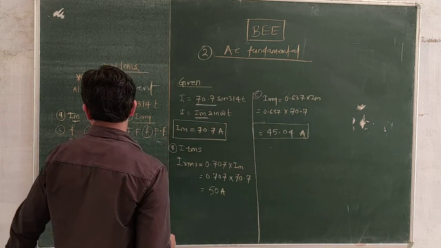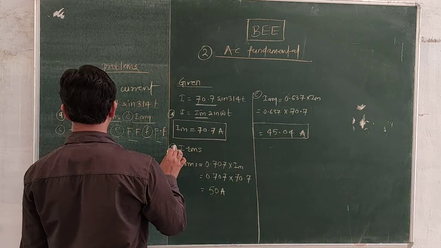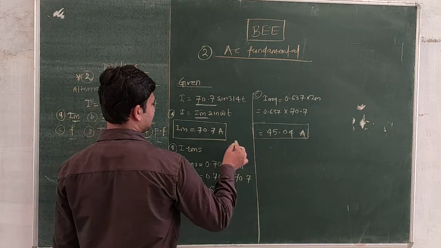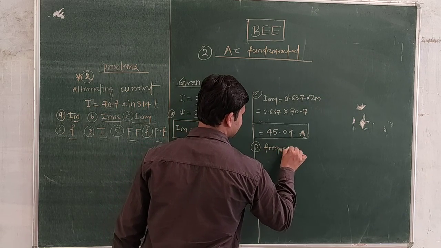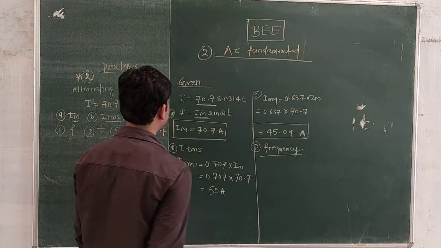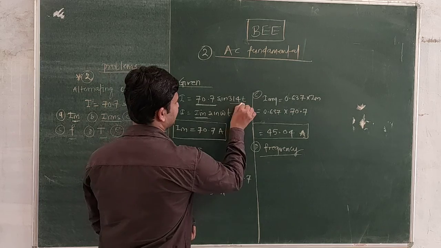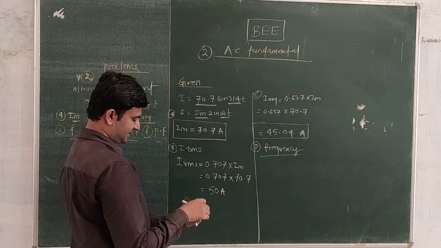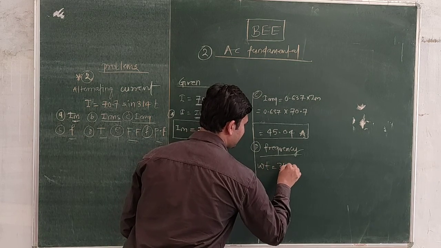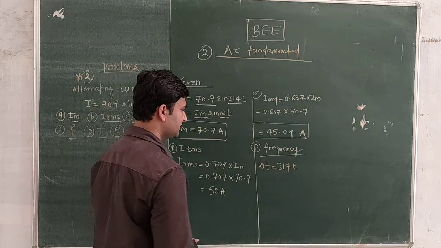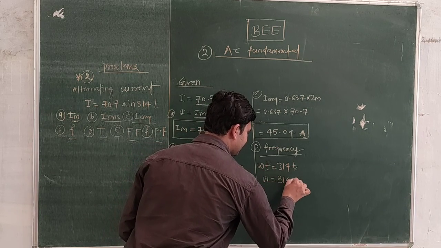Next, what do we have to determine? First we determined the maximum value of current, second the RMS value, third the average value. Next we determine the frequency. To determine the frequency, we compare the given expression with the standard expression: omega t = 314 t, so t gets cancelled and omega = 314.